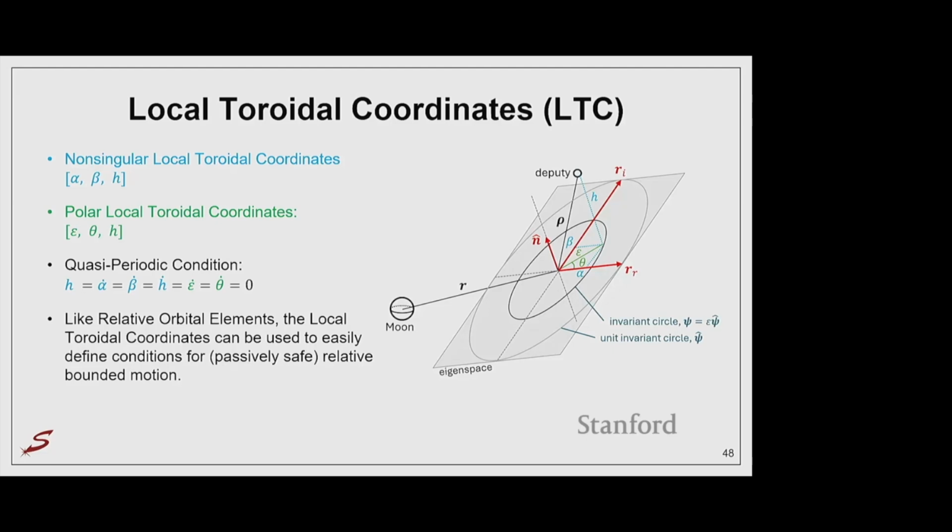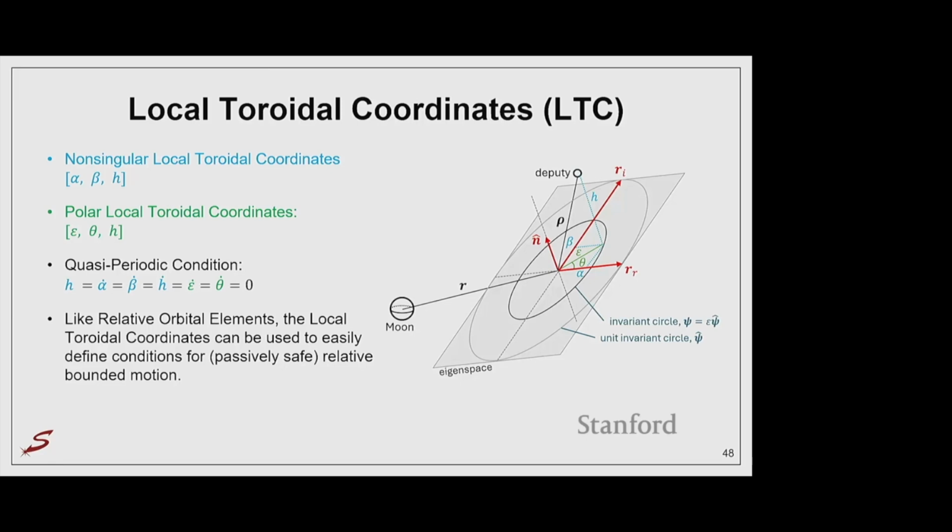This work was first defined by Elliott, a student at CU Boulder. Local toroidal coordinates, as they're known, basically map the motion with respect to the oscillatory eigenvector.